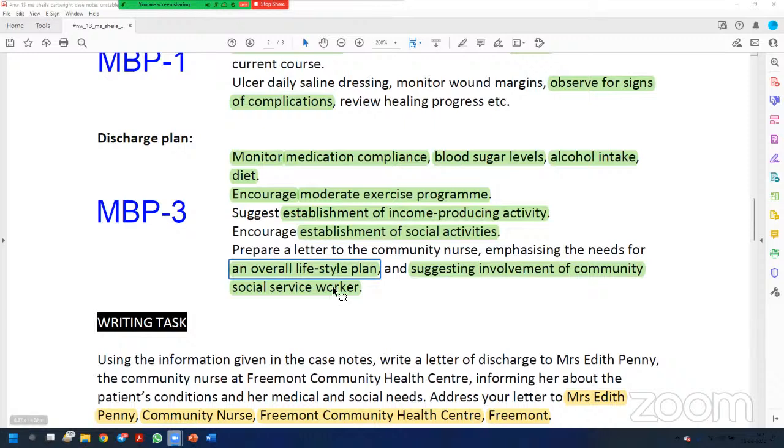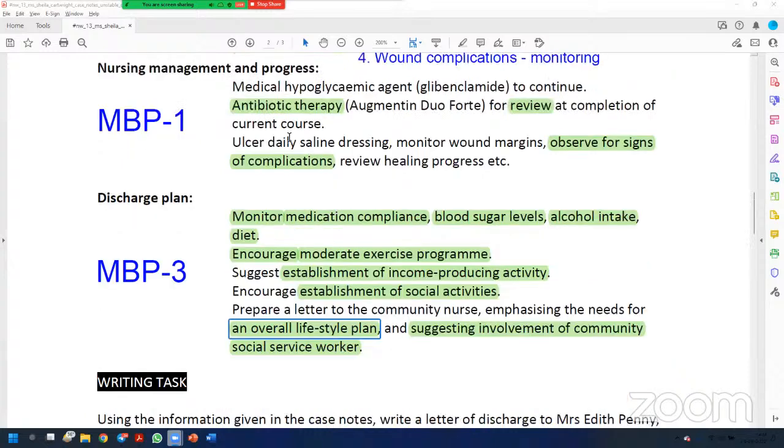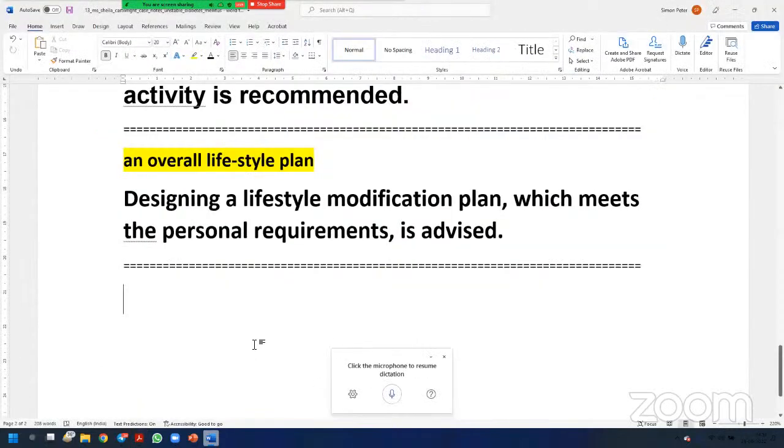You can see the difference now. Ulcer daily saline dressing. Let us take this sentence.